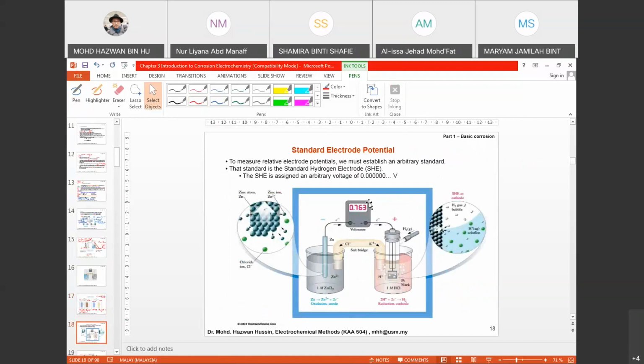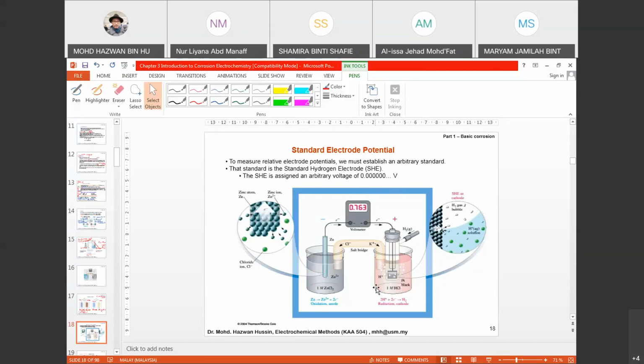And we have also gone through the standard hydrogen electrode, or standard electrode potential. This indicates that every material or every metal has its own standard value. This standard value is measured using the standard hydrogen electrode. The reason is that the standard hydrogen electrode produces 0 voltage, so you can use it as a reference.